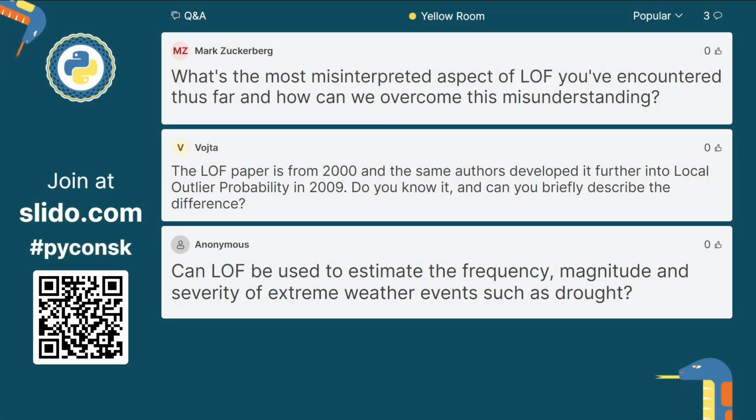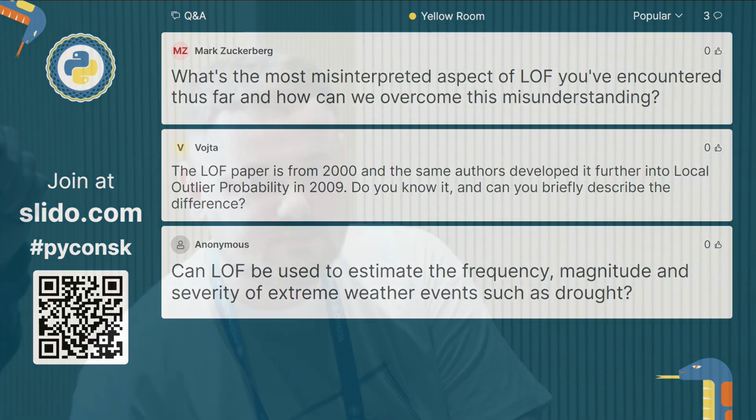Okay. What is the most misinterpreted aspect of local outlier factor you've encountered thus far? Well, the most misunderstood fact was regarding outliers in general. When we were discussing use cases for some project, I said, okay, why don't we take a look at these outliers?